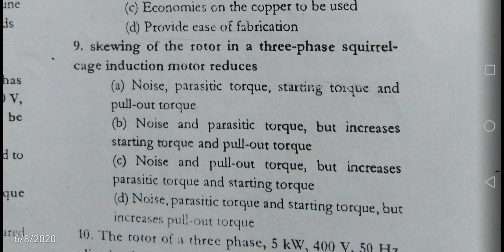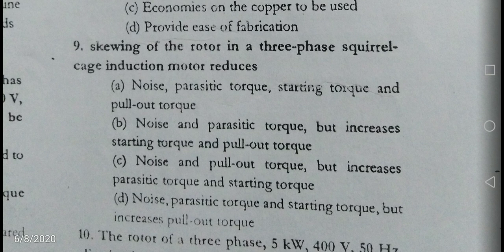Option A: noise, cogging torque, starting torque and pull-out torque. Option B: noise and cogging torque but increases the starting torque and pull-out torque.